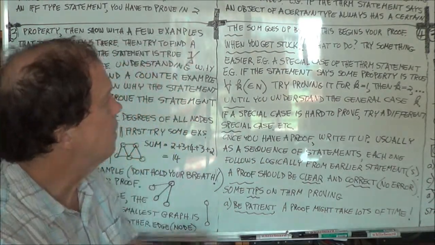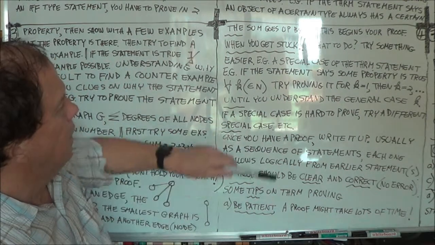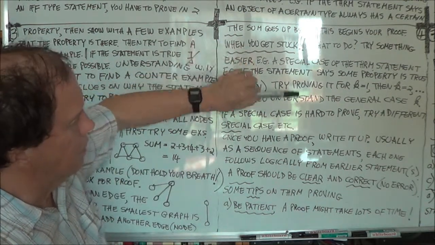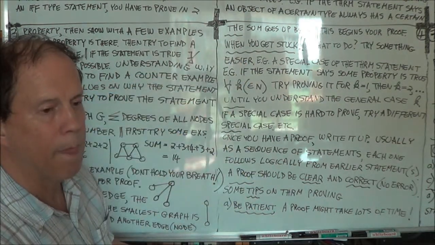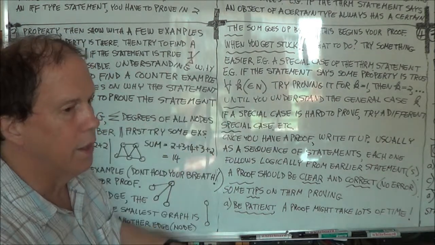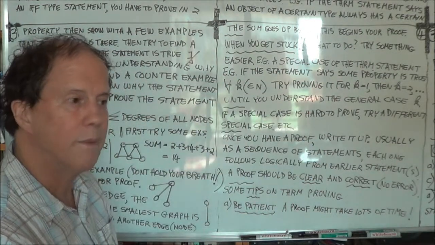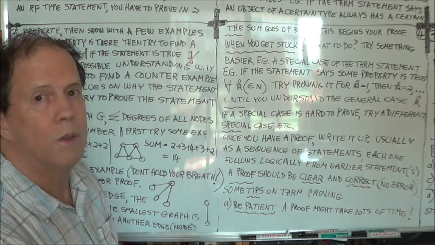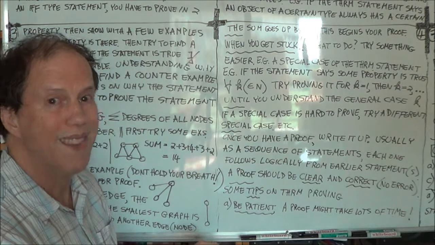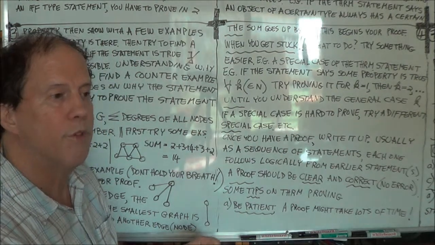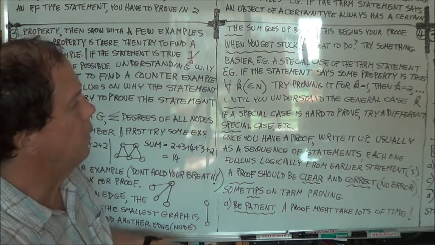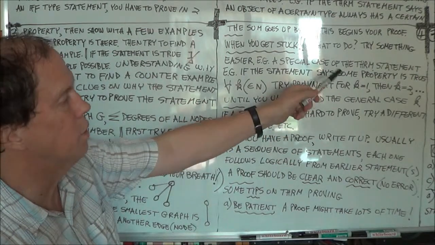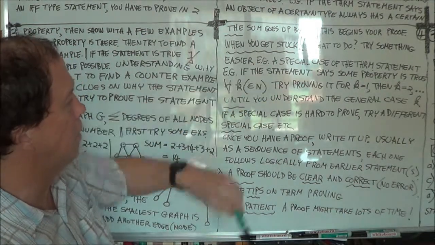Okay? So that might be one approach, and that approach gets a label. Doing things that way for certain kinds of theorem statements is a proof method called proof by induction. Don't worry about the label, we'll do it later, just jumping ahead a little bit.